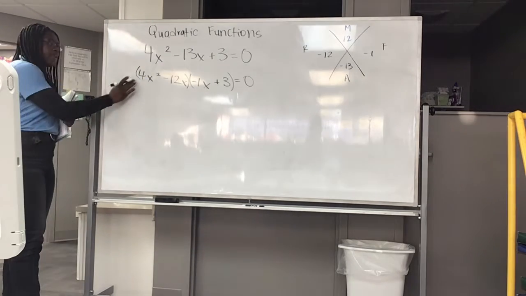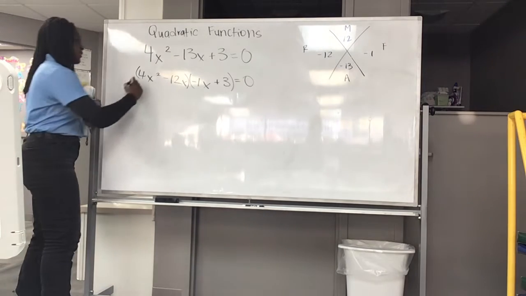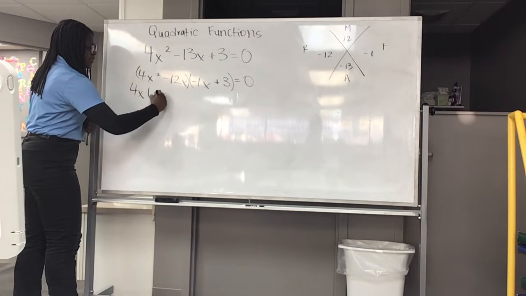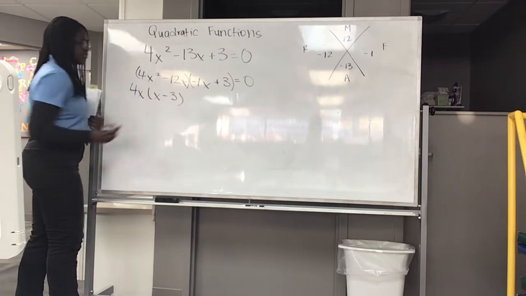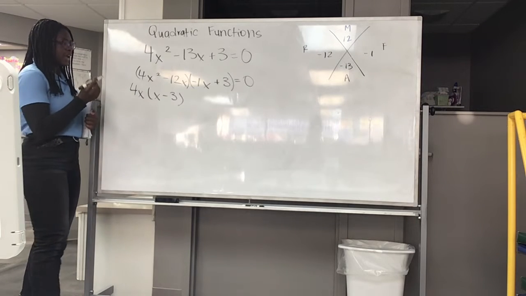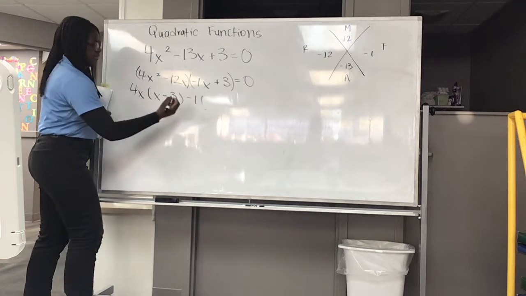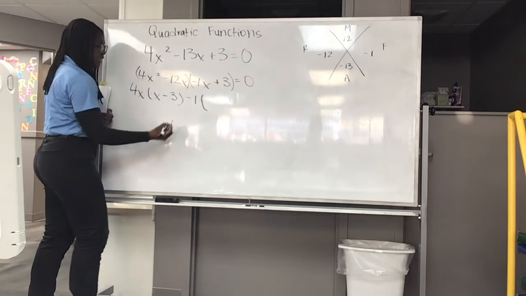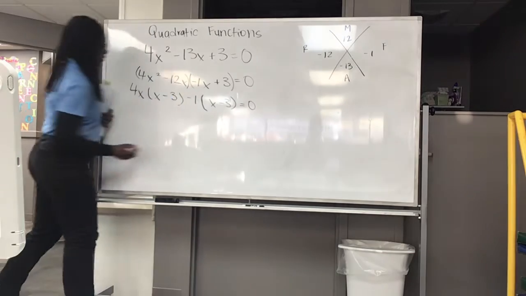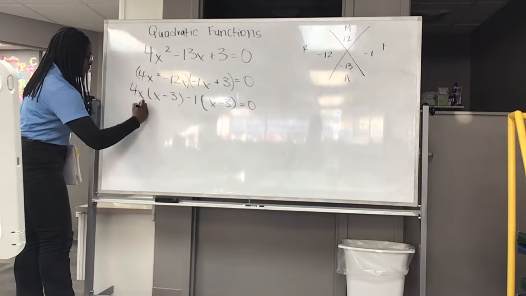Out of 4x squared minus 12x, I can take out a 4x, which leaves me with x minus 3. And out of negative 1x plus 3, I can take out a negative 1, which leaves me with x minus 3 equals 0.